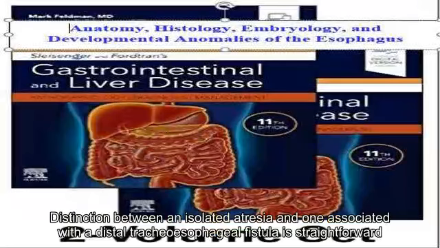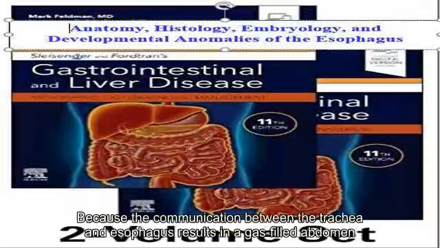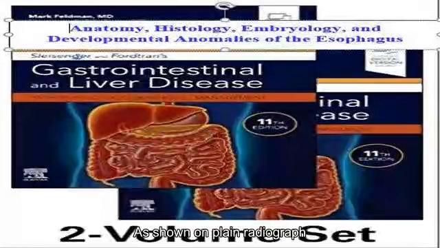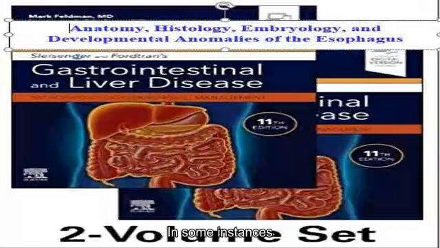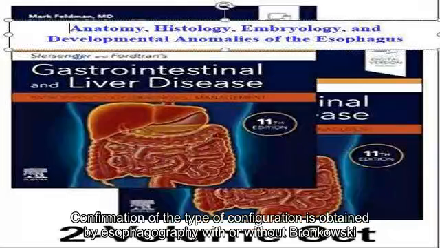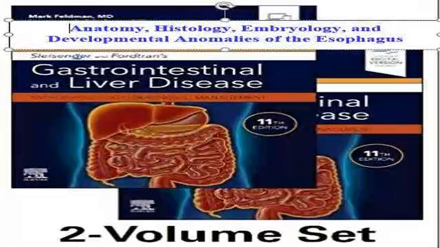Nonetheless, distinction between an isolated atresia and one associated with a distal tracheoesophageal fistula is straightforward because the communication between the trachea and the esophagus results in a gas-filled abdomen, as shown on plain radiographs, see Fig. 43.8. In some instances, confirmation of the type of configuration is obtained by esophagography with or without bronchoscopy.